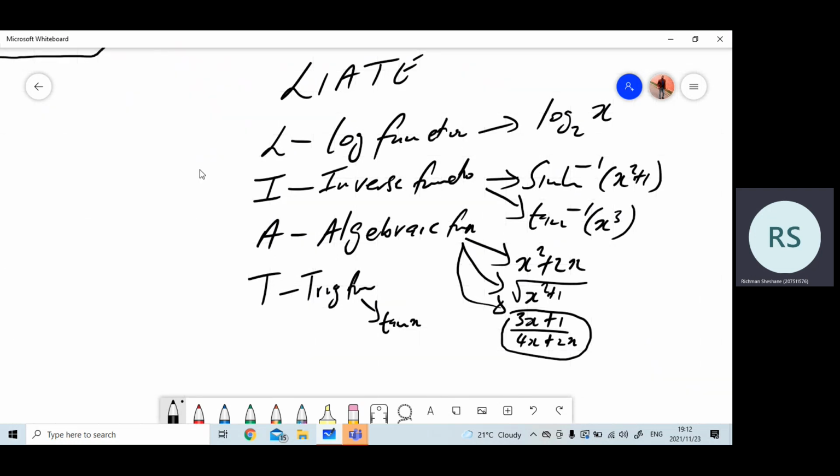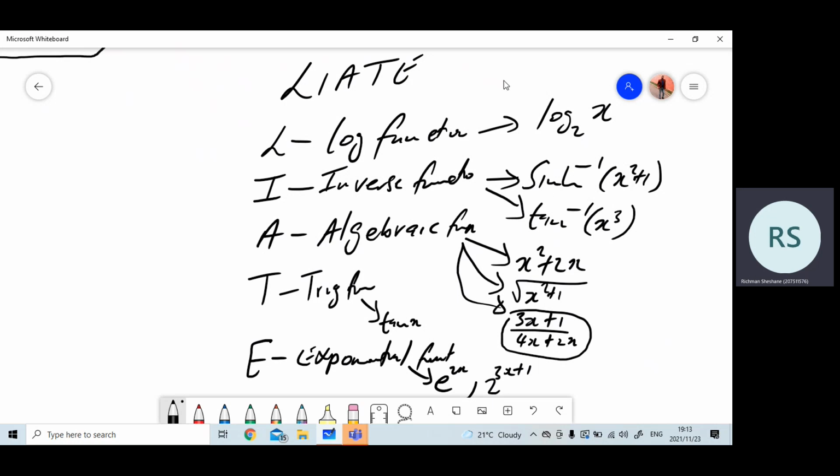What does it stand for? E. E stands for exponential functions, like e to the 2x, or 2 to the power of 3x plus 1. These are the exponential functions.